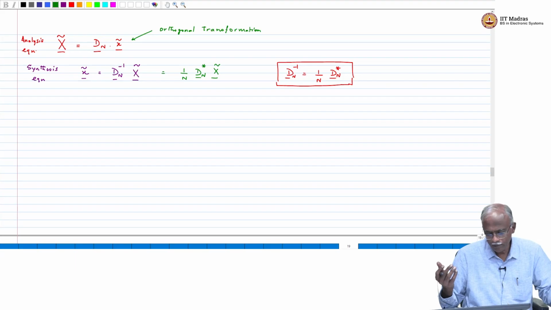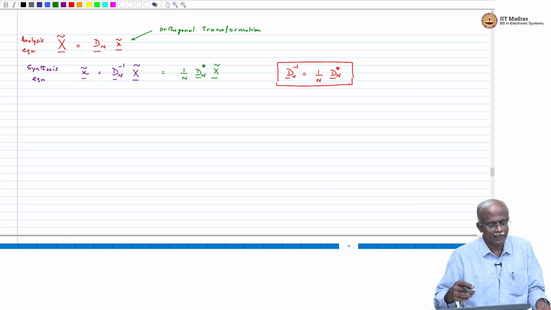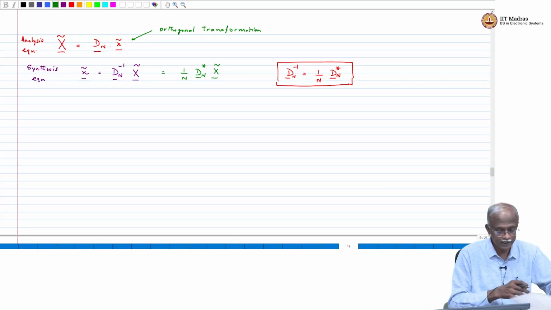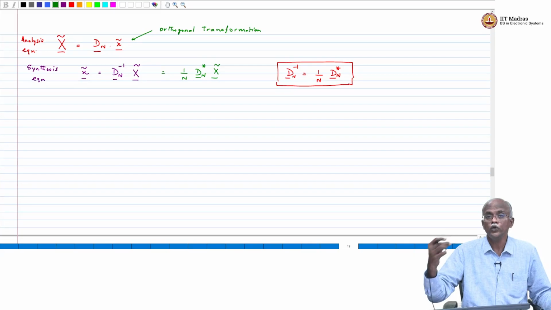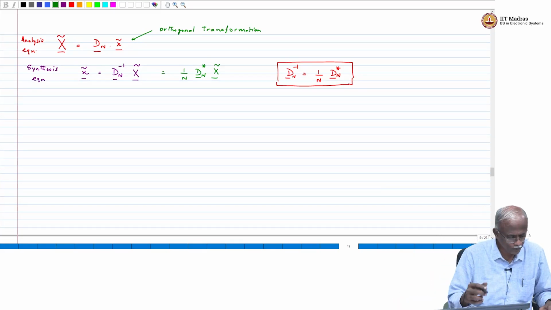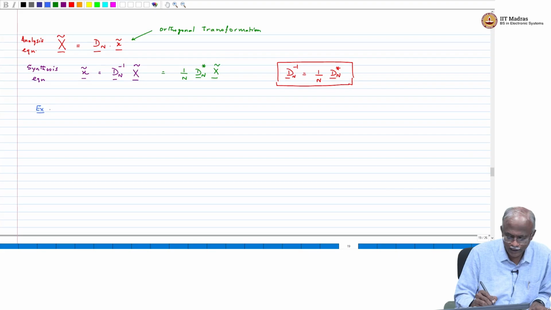All right. So now, what we want to do is start looking at how to apply the discrete Fourier series representation, and also look at some of the properties of the discrete Fourier series. So again, let's quickly look at that. Example 1, the first example of applying the concept of discrete Fourier series.